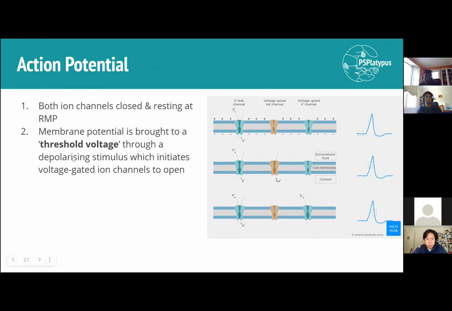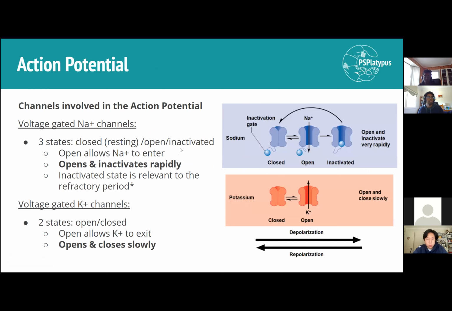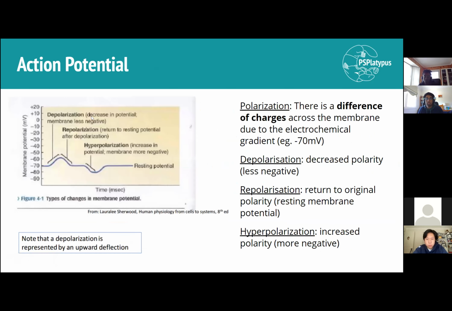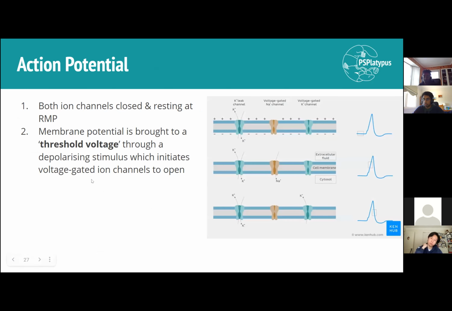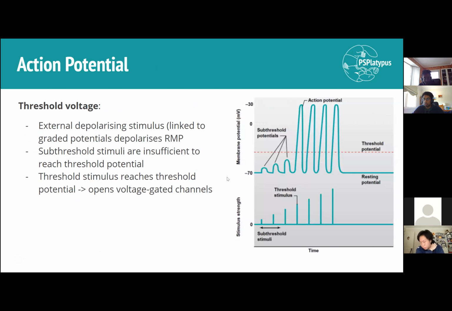So we need a depolarizing stimulus. If you remember what depolarizing means, it's when it becomes less negative. It needs a depolarizing stimulus to make the voltage-gated ion channels open. This voltage is a threshold voltage.